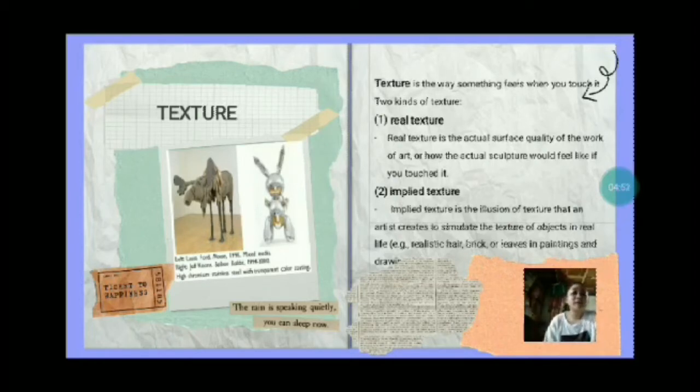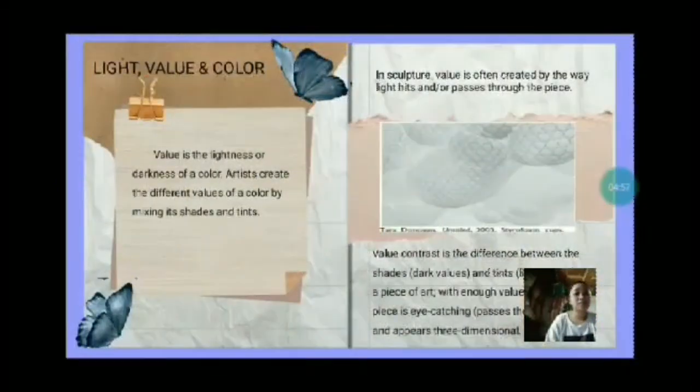So next, light, value, and color. Value is the lightness or darkness of color.